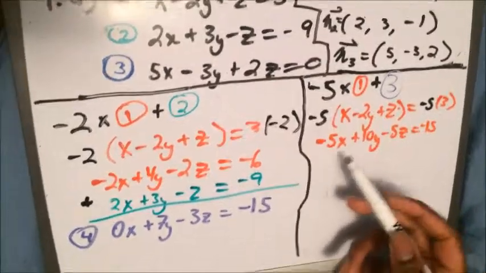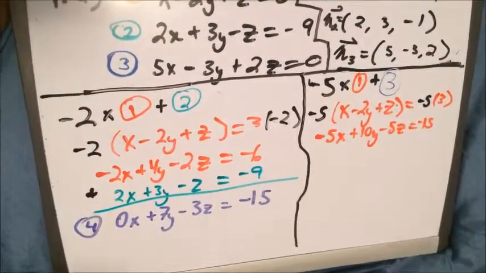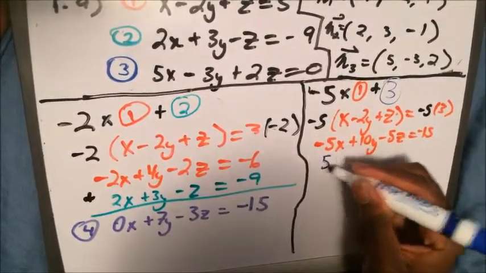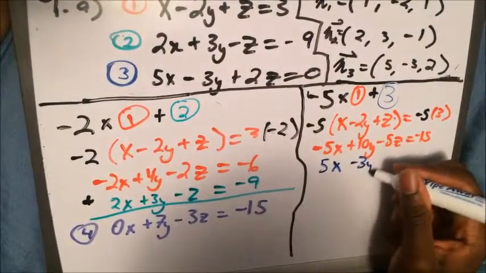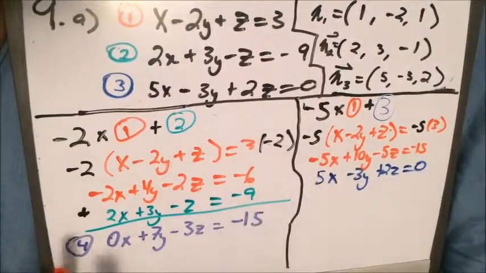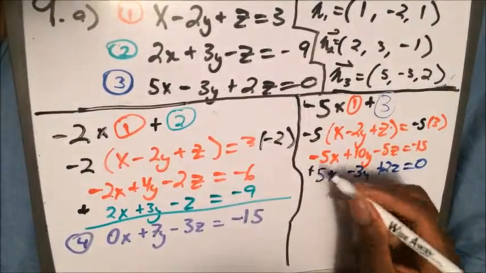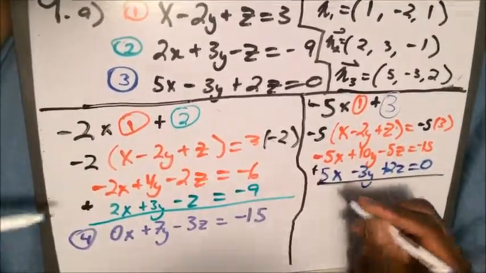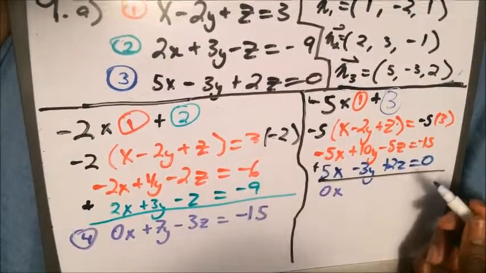And then we're going to add equation 3 to it, and that is 5x take away 3y plus 2z equals 0. And we're adding, and that will give us a result of 0x.